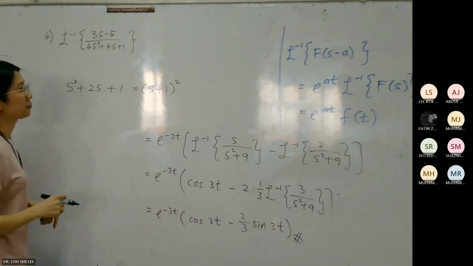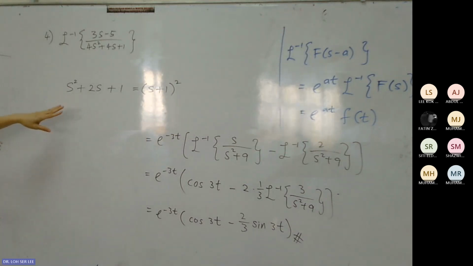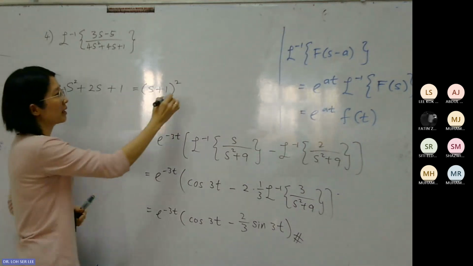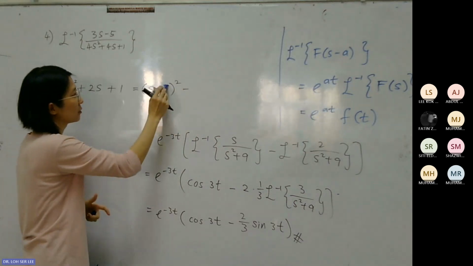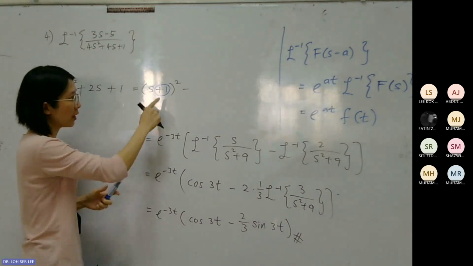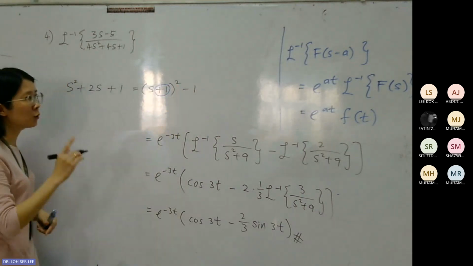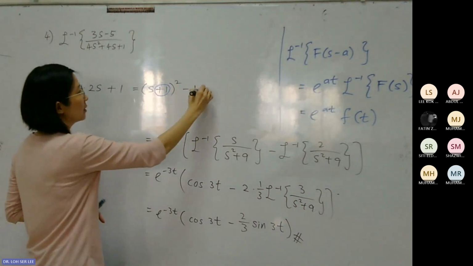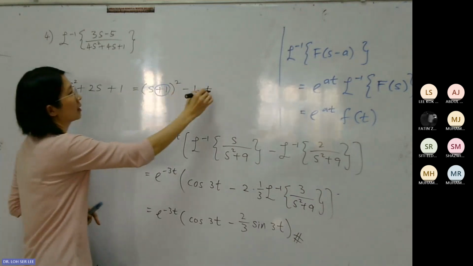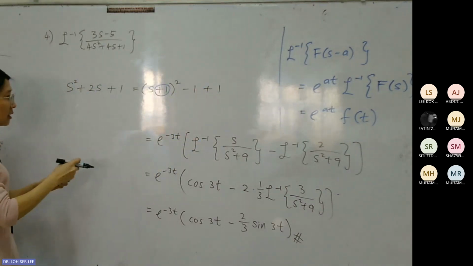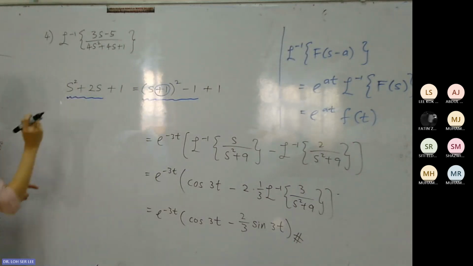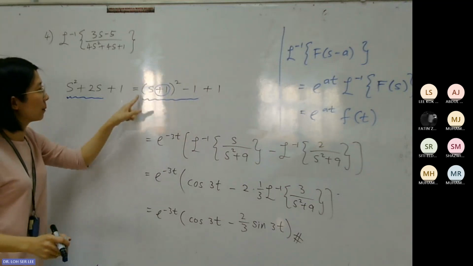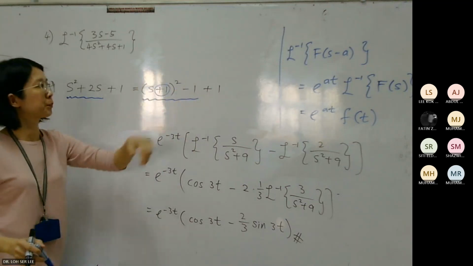Then you have to minus the square of this value. The square of plus 1 is 1. Then plus this 1 back. Meaning that these two terms we write in this form, and then plus 1.